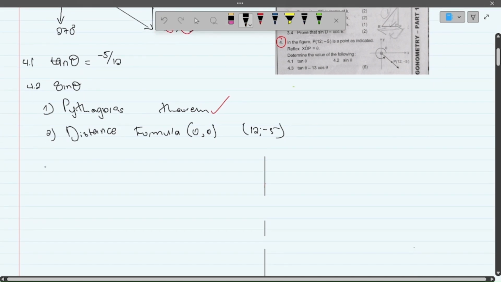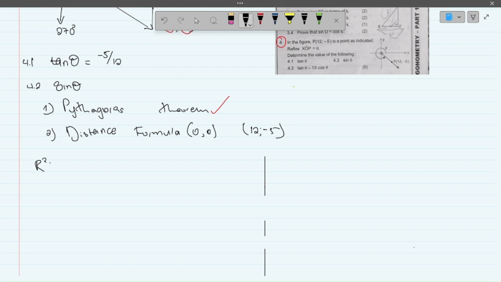Pythagoras says r squared is equal to x squared plus y squared. So r squared is equal to 12 squared plus (-5) squared, which is 144 plus 25, so the answer is 169. But we want the value of r, not r squared.